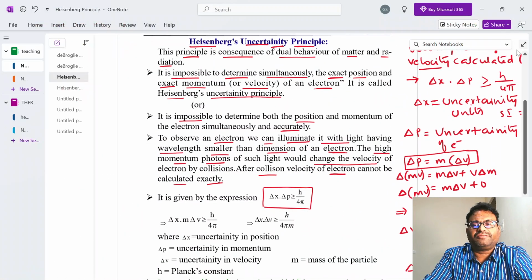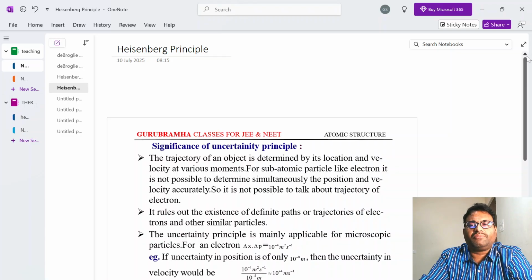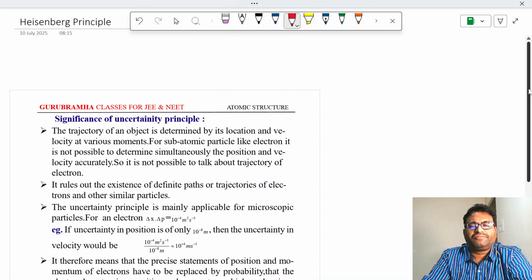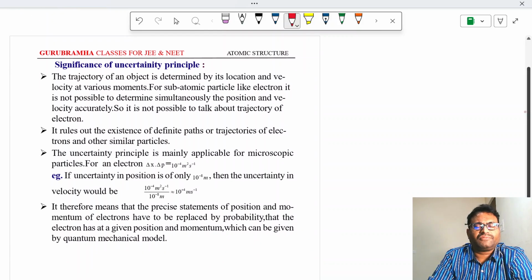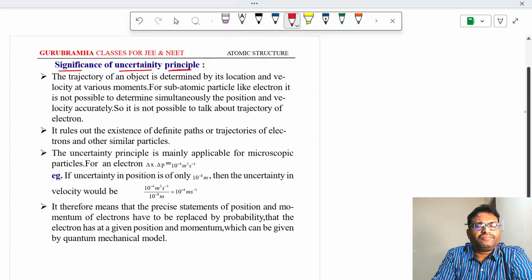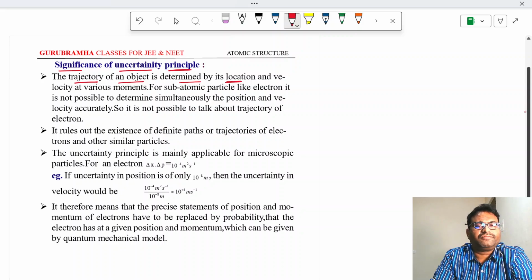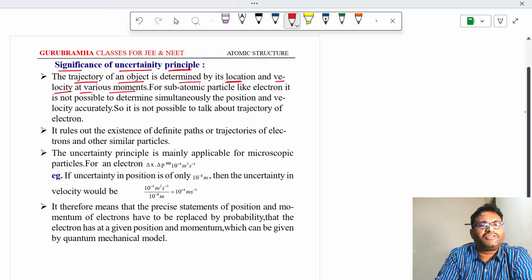Let us go with the significance of Heisenberg uncertainty principle. What is the significance of uncertainty principle? See, the trajectory of an object is determined by its location and velocity at various moments.